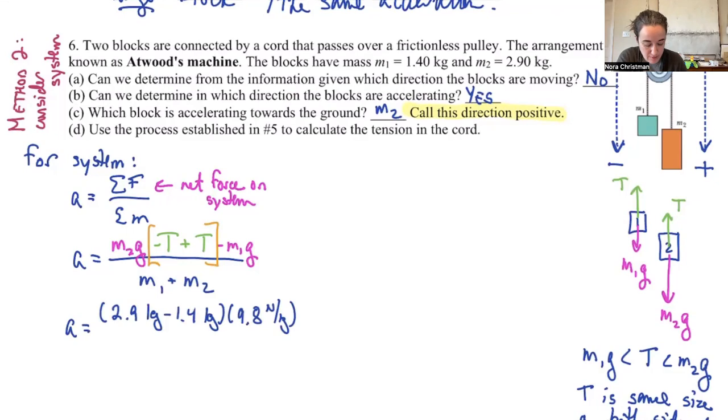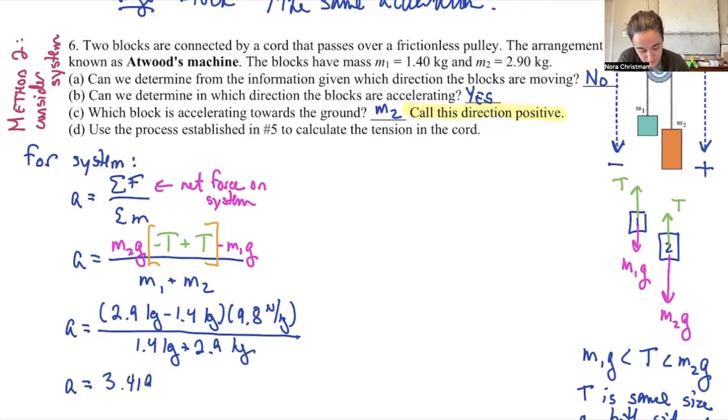That's part of the equation, not part of G. Okay, so now that we have the acceleration, we can zoom in on block 1 or block 2. Since we're looking for the tension, I'm going to zoom in on block 1, because on block 1 the tension's in the positive direction.